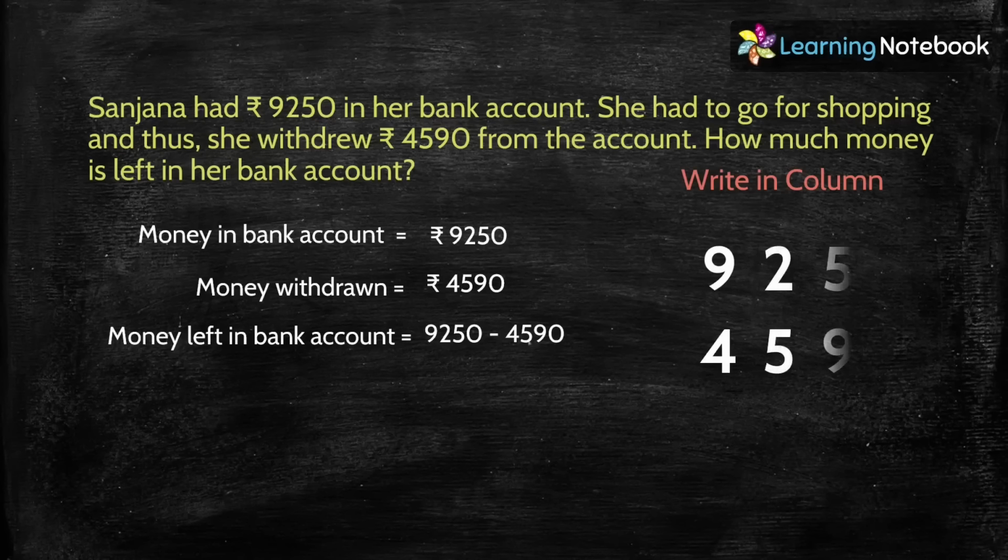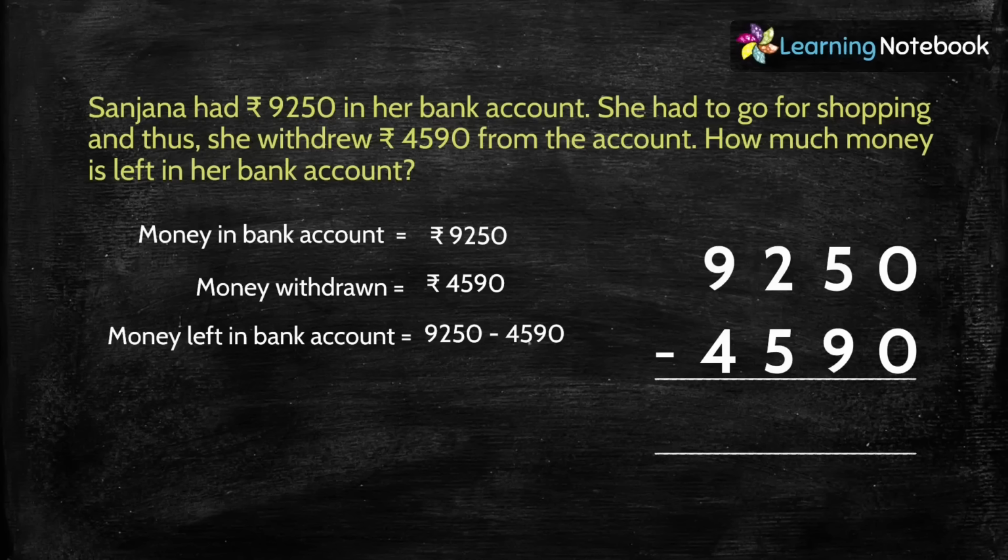First we will write them in column and now we will start subtracting them from ones place. 0 minus 0 equals 0. Now let's move to tens place, but 5 is weaker than 9. So it will borrow from hundreds place. So 2 becomes 1 and 5 becomes 15. Now 15 minus 9 equals 6.